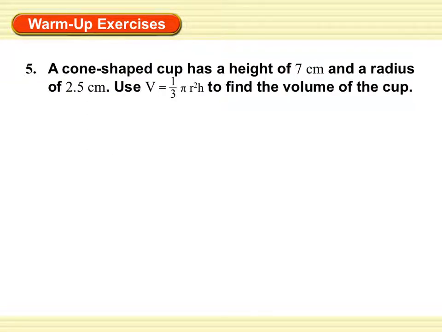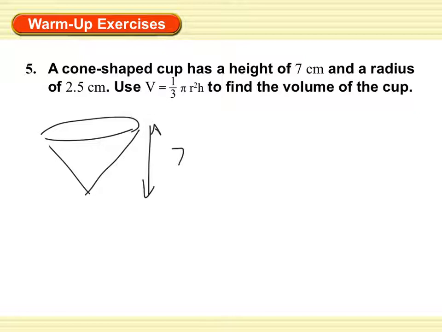Last one. A cone-shaped cup has a height of 7 centimeters and a radius of 2.5 centimeters. Use V equals 1/3 pi r squared h to find the volume of the cup. So my height is 7. My radius is 2.5.